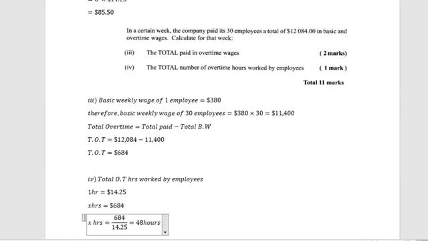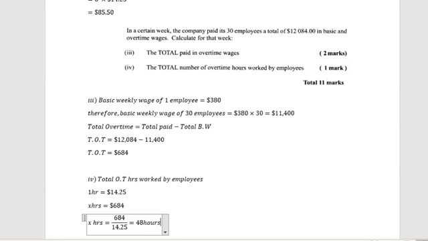How do we know that our answer is correct? It will be the same as if the question had asked, if the employees worked 48 hours in overtime, what would have been the amount paid out by the company? All you would have done was say 48 multiplied by $14.25, because we know that $14.25 is the overtime rate, and you'll get the $684, which is what we're trying to find.